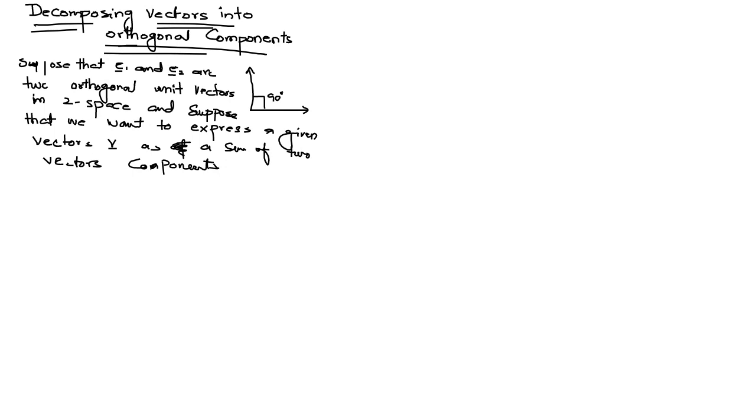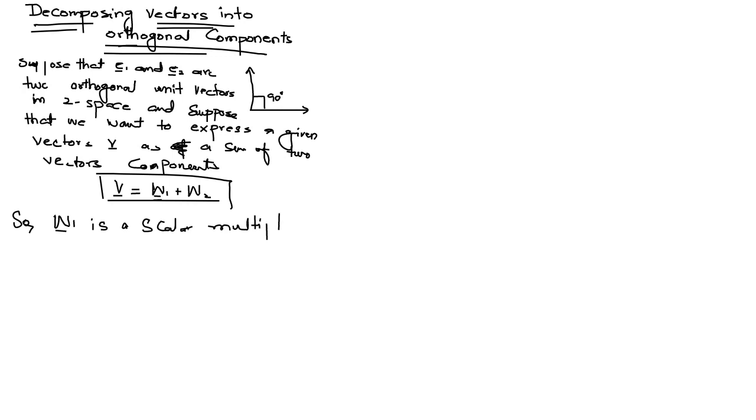For example, you can write a vector v which is equal to w1 vector plus w2 vector. So w1 and w2 are vectors. w1 is a scalar multiple of e1 and w2 is a scalar multiple of e2, the e1 vector and e2 vector.